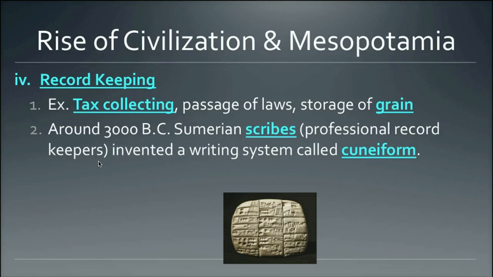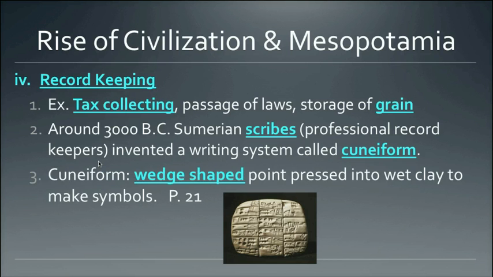And scribes are professional record keepers. So these Sumerian scribes invented a writing system called cuneiform. Cuneiform is when you took a wedge-shaped point and pressed it into wet clay to make symbols. There's an example on page 21 of the textbook, but you can see an example right here on the screen. Once that dries, you have something that means something.